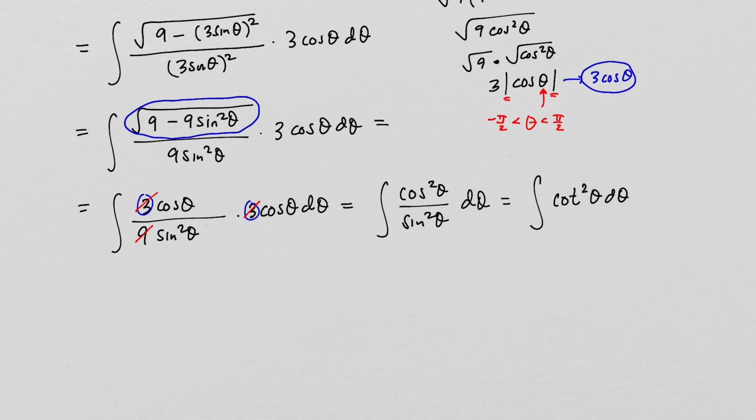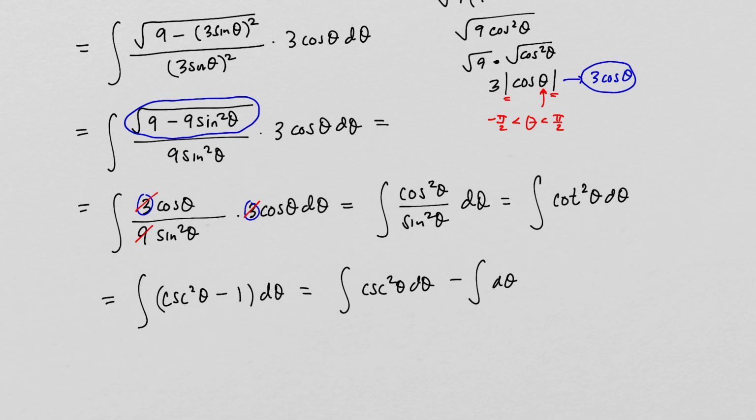Now, how do we integrate cotangent squared? So we have to think about our trigonometric integrals now. We're going to use an identity. Cotangent squared of theta is the same as cosecant squared of theta minus 1. Now, why bring in that identity? Well, because the integral of cosecant squared of theta, we know what that is, right?